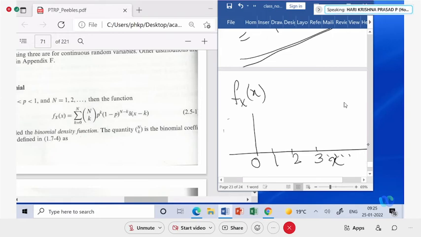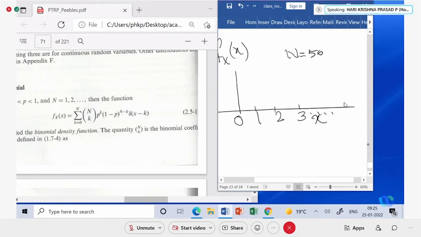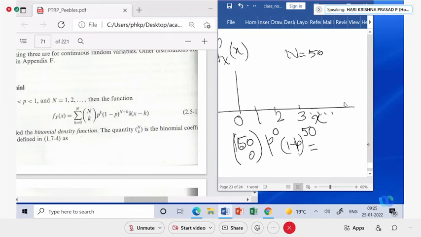So substitute for what value of n? First we need to define n, say n equal to 50. When you fix the value of n, for n equal to 50 and k equal to 0, what is the value of the density function? It is p power 0, (1 minus p) raised to power 50. So we need to specify the value of p also, right?